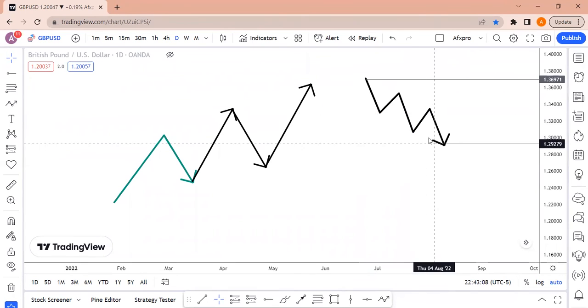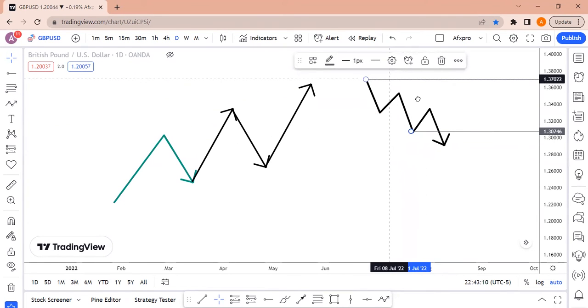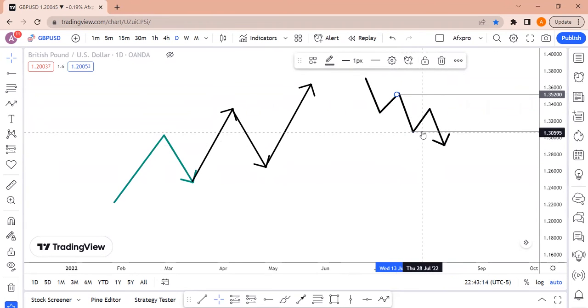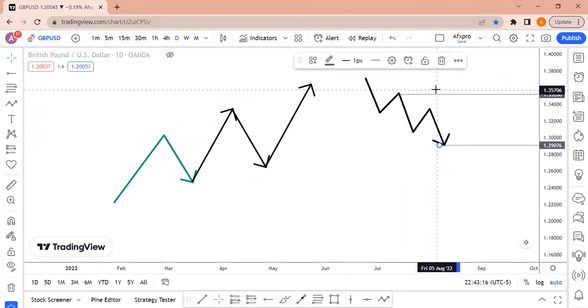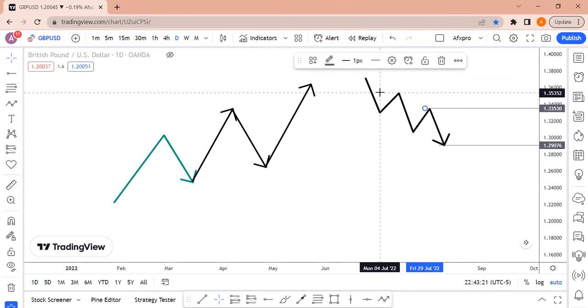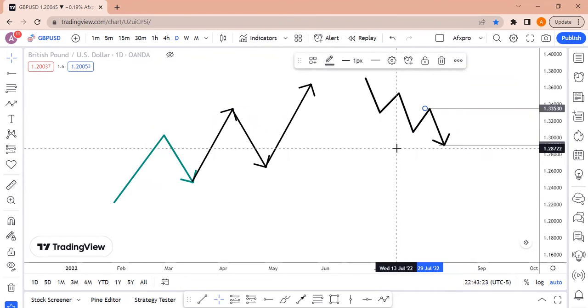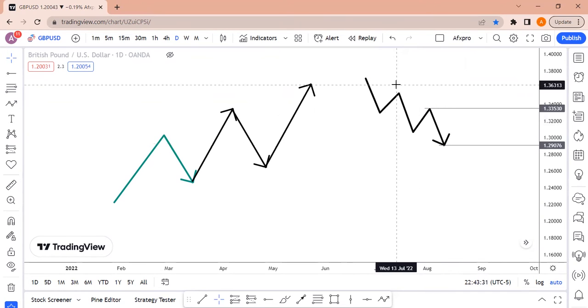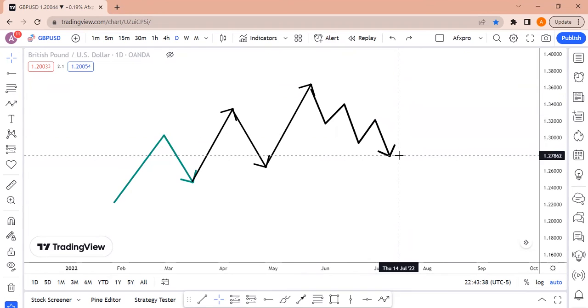So my next focus was here to here. Price got out of that range, and my focus now shifted from here to here. All right. And most times this is also a lower time frame pullback. Now, whether it's a lower time frame or higher time frame pullback, it doesn't mean anything. But what I want to show you guys is that when you see this kind of thing occurring, you don't panic.